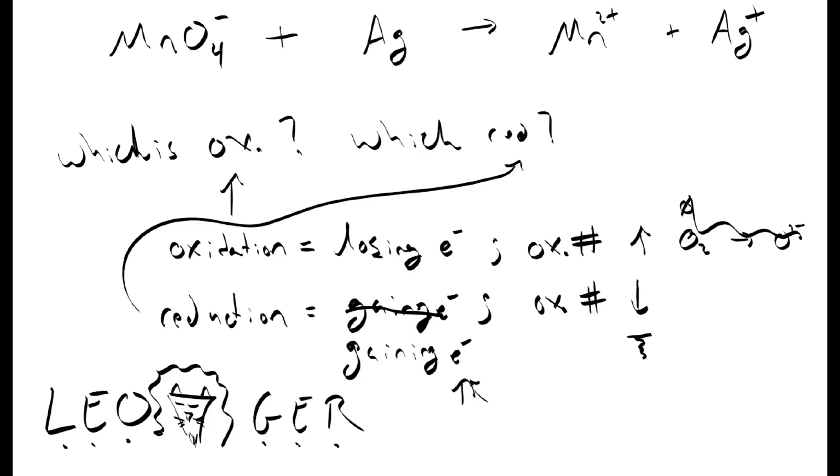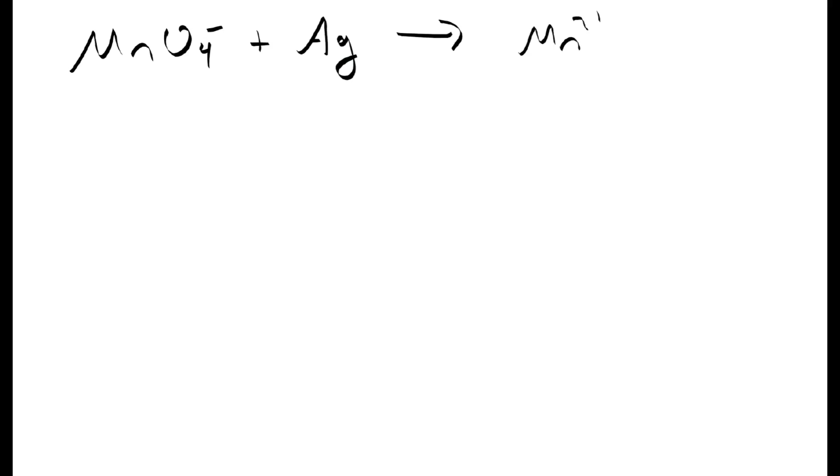All right, so we need to identify which element is oxidized, which element is reduced. I'll go ahead and rewrite our reaction up here. Mn2+, Ag+. Now, three of the things up here are hopefully going to be very easy to figure out.